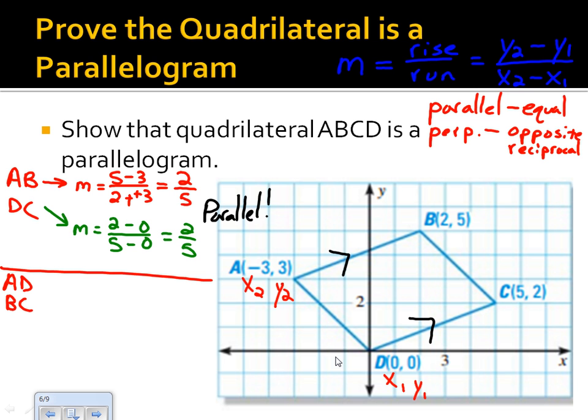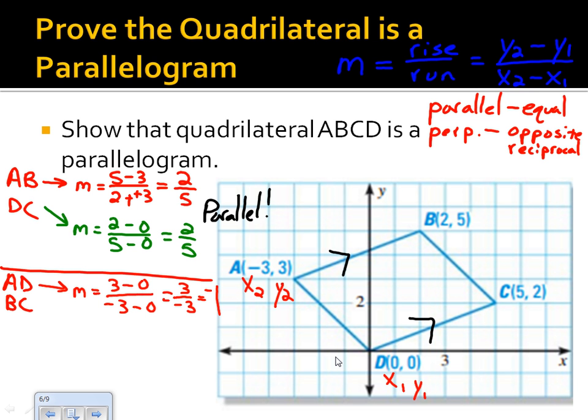So for AD, M is equal to, y2 is 3 minus 0 over, what's x2? Negative 3 minus, gives me 3 over negative 3. Can I simplify that? It equals negative 1. Is that okay with everybody?